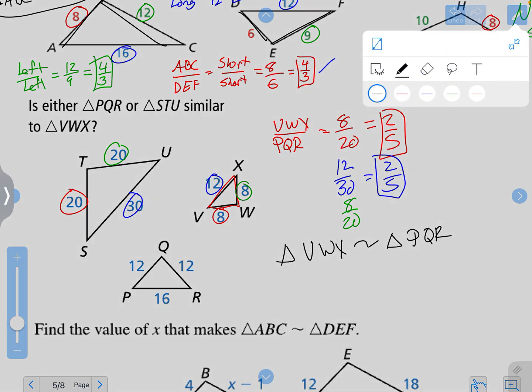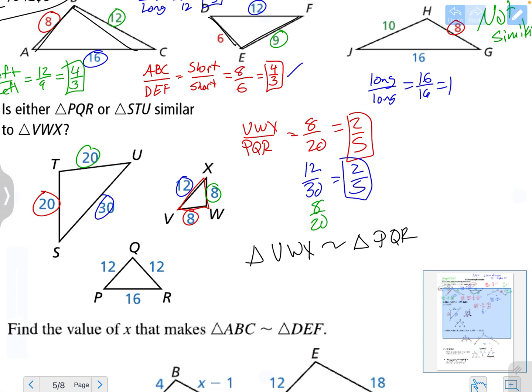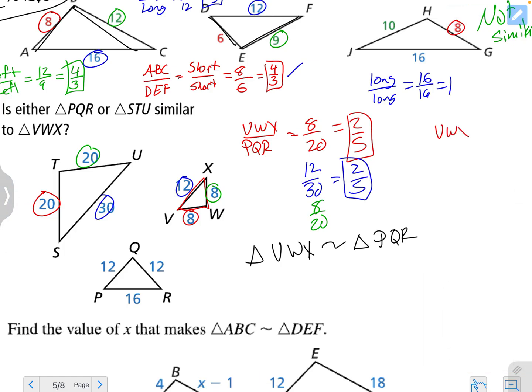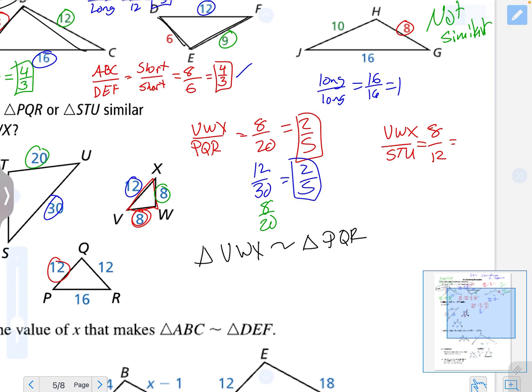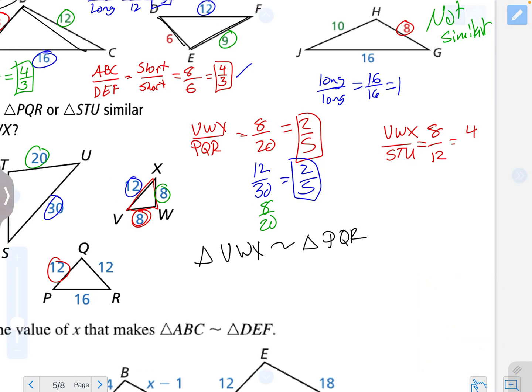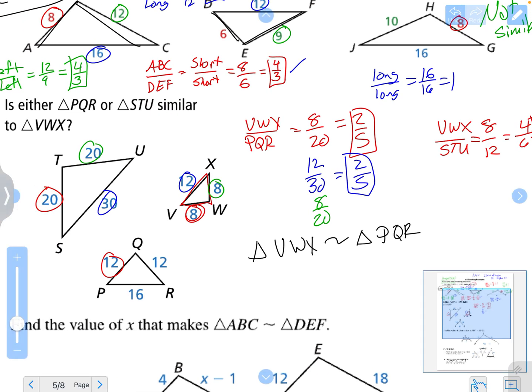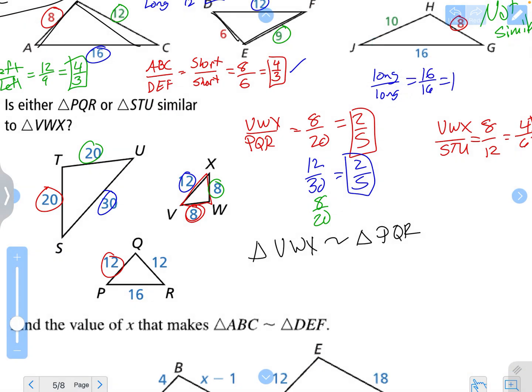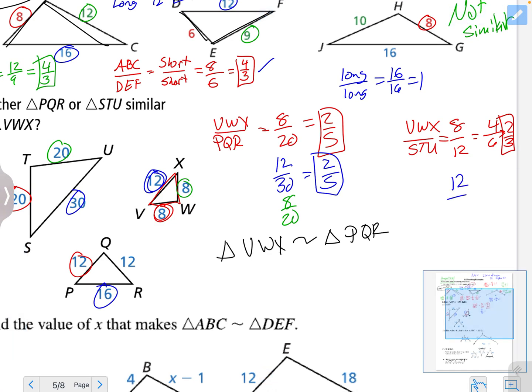Now we need to try VWX and STU. Again, I'm going to go short, which is 12, and short, which is 8. If we divide by 2, that gets us 4/6, which is 2/3. Then we go long and long, which is 16 and 12.